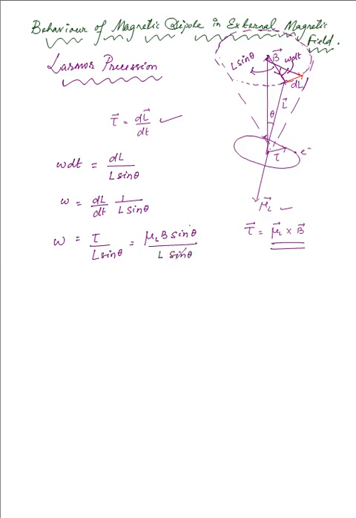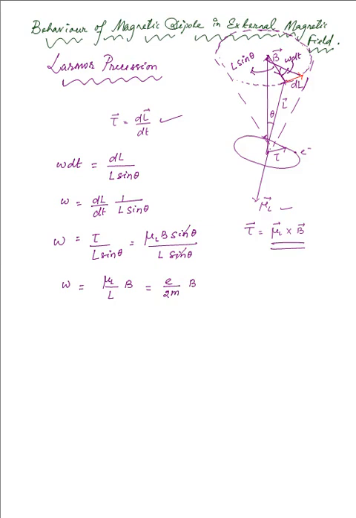So the sine thetas cancel out and we simply have mu L over L times B as omega. But as we also know, mu L over L is the gyromagnetic ratio, which is a constant, that is e over 2m, and that is multiplied by B now.